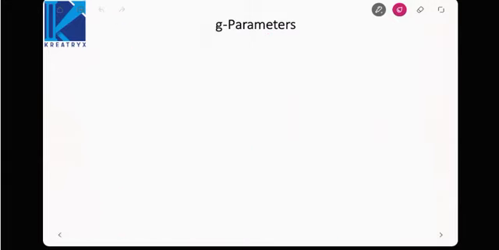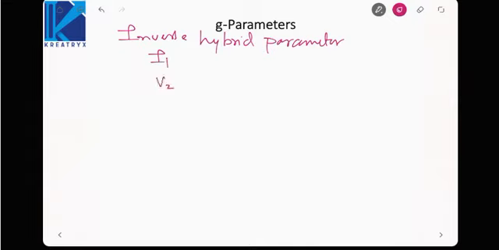Now as Y parameters were defined as the inverse of Z parameters, similarly G parameters are defined as the inverse of H parameters. So these are also known as inverse hybrid parameters. Here, I1 and V2 will be related to V1 and I2.